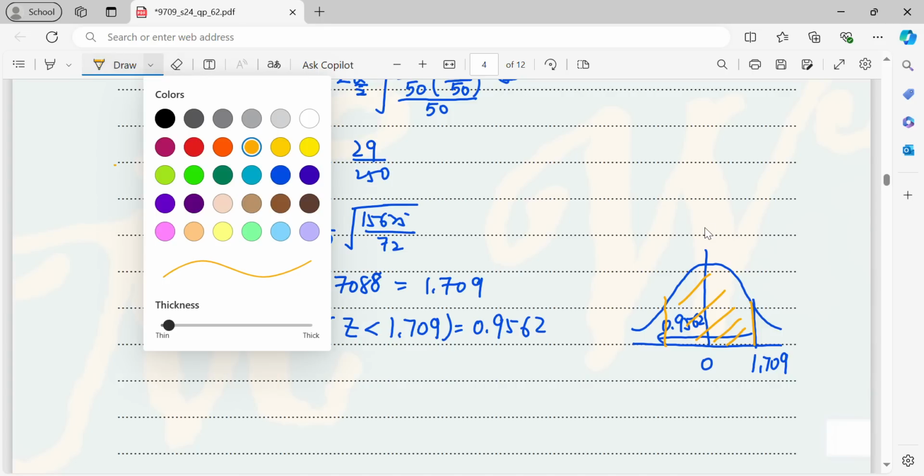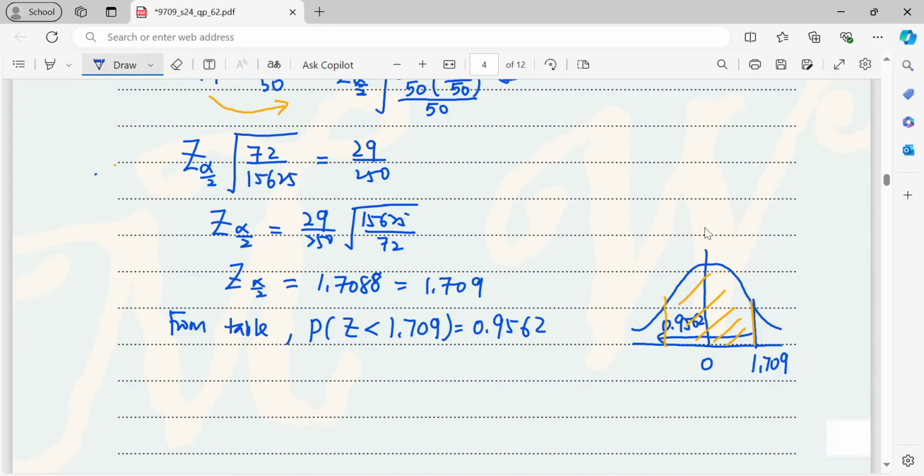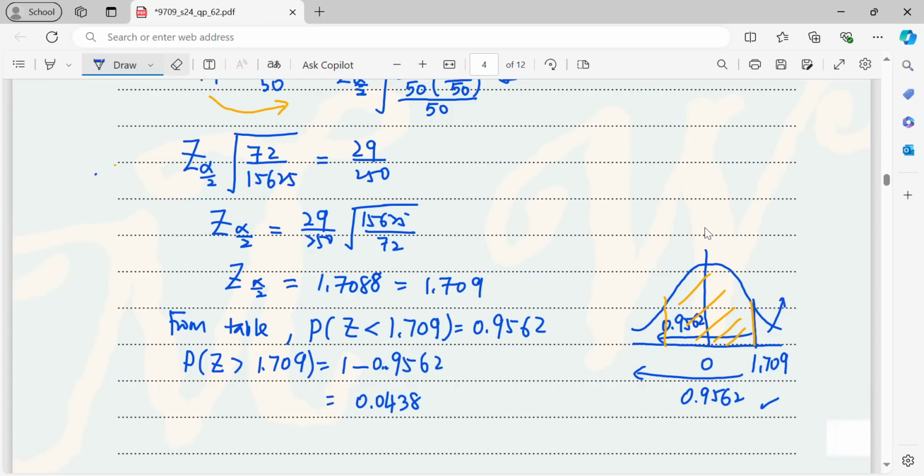Okay, so here I will label this as 0.9562. So I can find this probability. The probability which is greater than 1.709 is 1 minus 0.9562, that is going to be 0.0438.